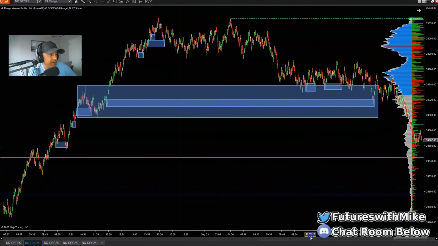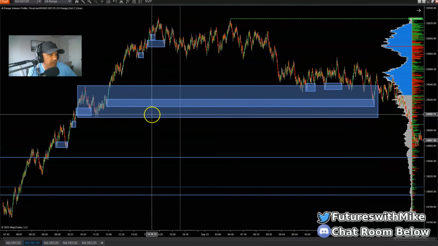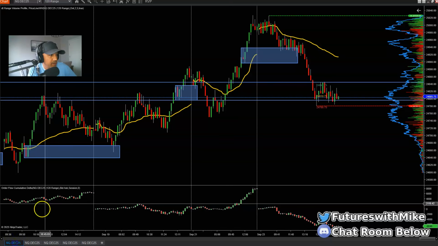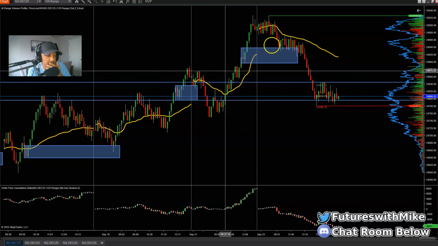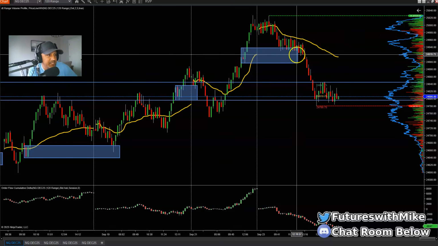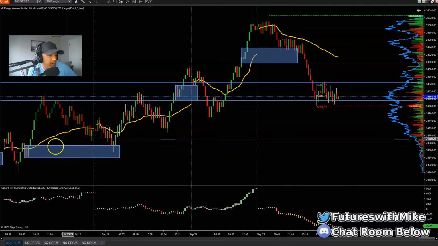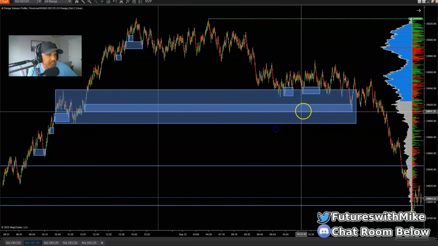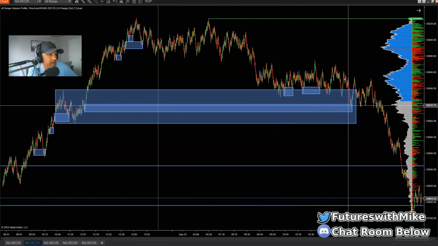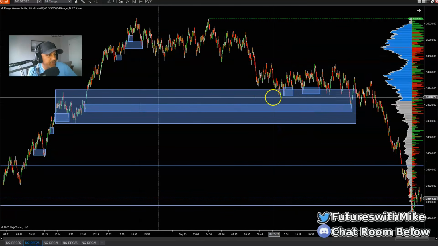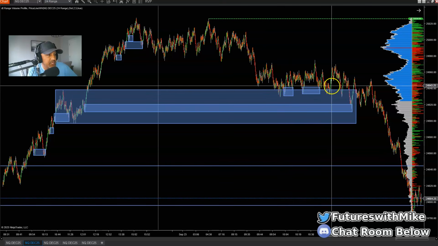Okay, as you can see here, this larger rectangle box is that higher range, 120 range demand zone. As I mentioned, the market tapped it here, but it didn't finish filling in the gap until around here, around 12:20. So as you can see, this was the area right here. The market retraced, taps it here, and does some rejection here.